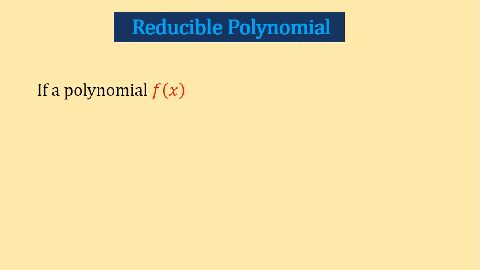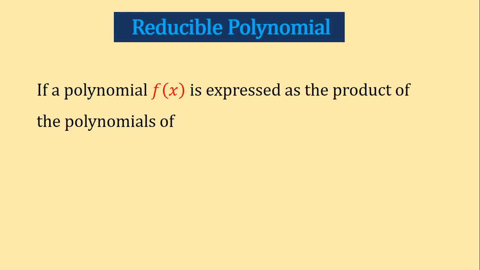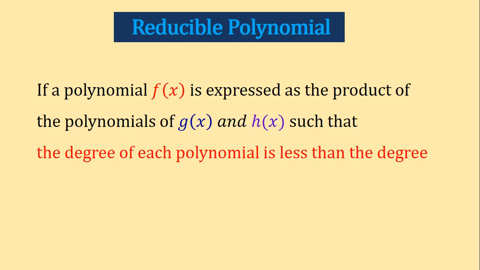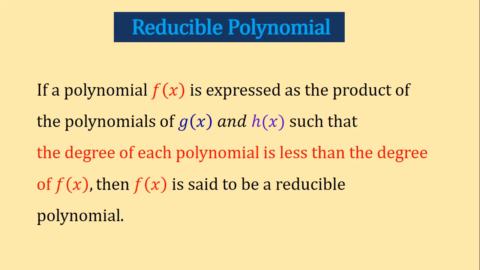If a polynomial f of x is expressed as the product of the polynomials g of x and h of x, such that the degree of each polynomial is less than the degree of f of x, then f of x is said to be a reducible polynomial.